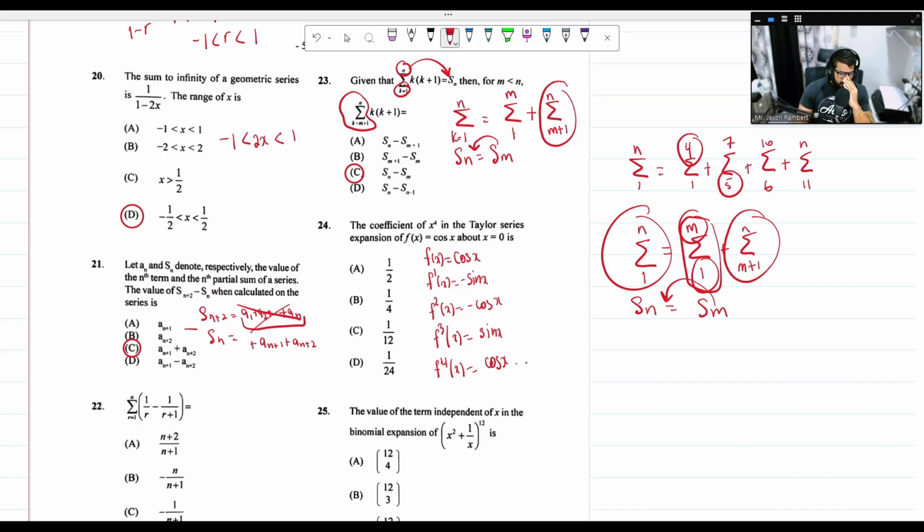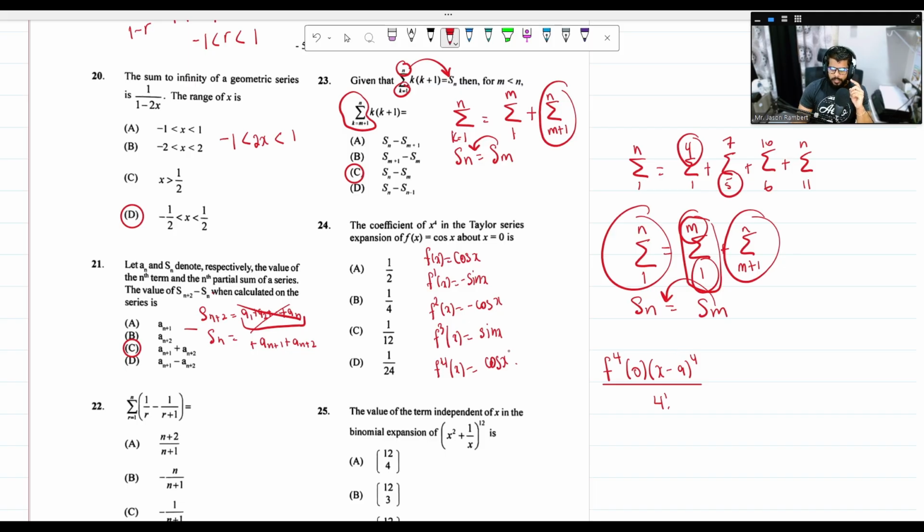For x to the power 4, if you write out your Taylor series expansion, we're going to get f, the fourth derivative, times x minus a to the power 4, all over 4 factorial. This will give me the coefficient of x to the power 4.